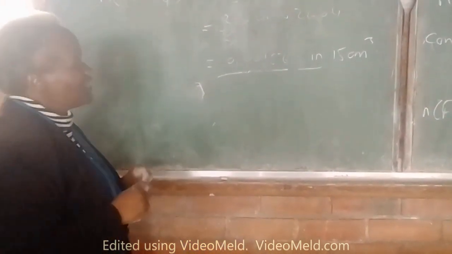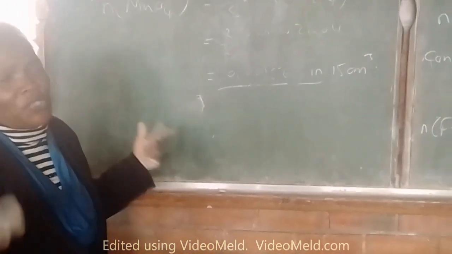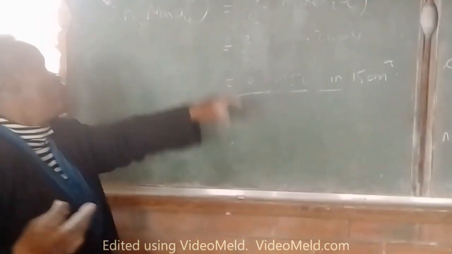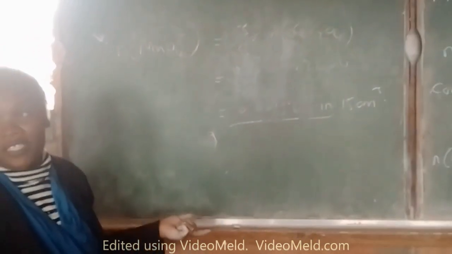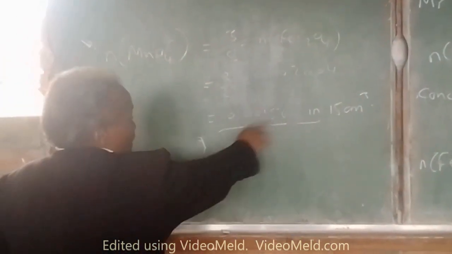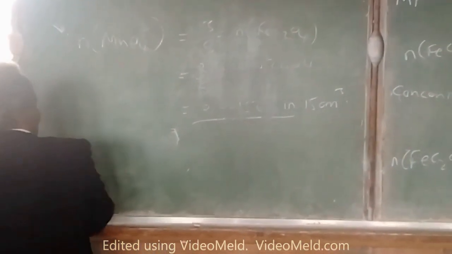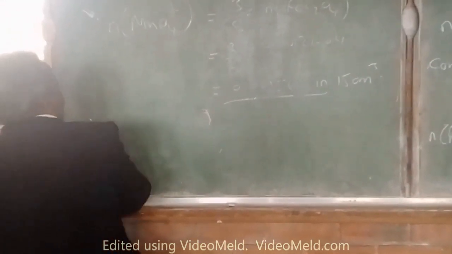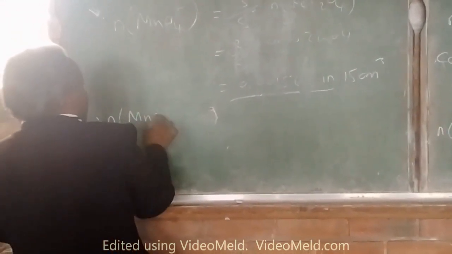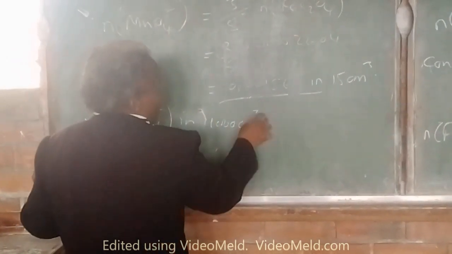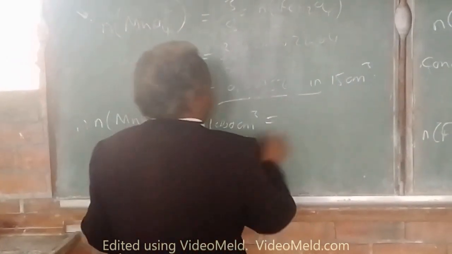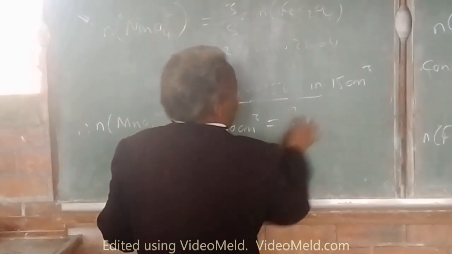Now let's calculate the concentration. To calculate the concentration, we simply want to find the number of moles of the permanganate which are present in 1 dm cubed. So if these moles are present in 15, what about in 1000? Will they be less? Moles of MnO4 minus in 1000 cubic centimeters will definitely be more.